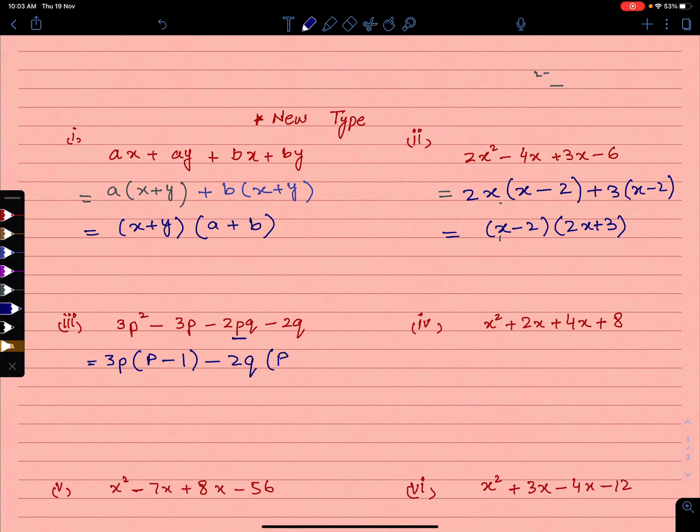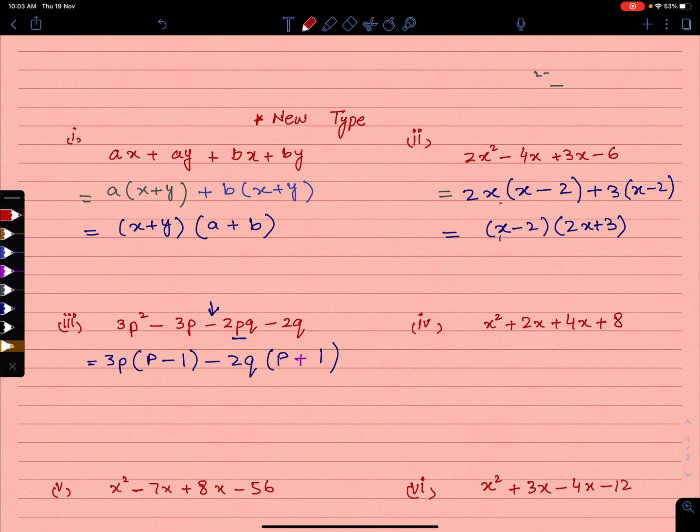And remember one thing, when we take negative sign before bracket, the sign inside the bracket will change. So this would become plus sign plus 1, 2q common. So when you divide 2q with 2q, there is only 1. Okay, got it? So when you take 2q common, then inside the bracket the sign will change, it would become p plus 1. So 3p into p minus 1.